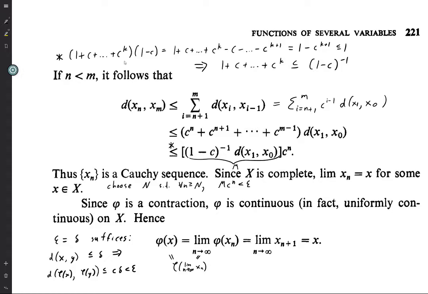So the distance between xn and xm is less than or equal to this thing here, 1 over 1 minus c times the distance between x1 and x0. That's a constant, so I'm just going to call that constant M. So the distance is less than or equal to this constant M times c to the n.